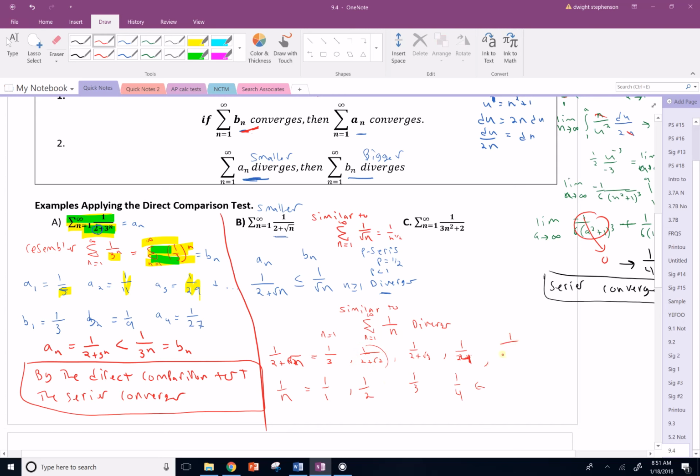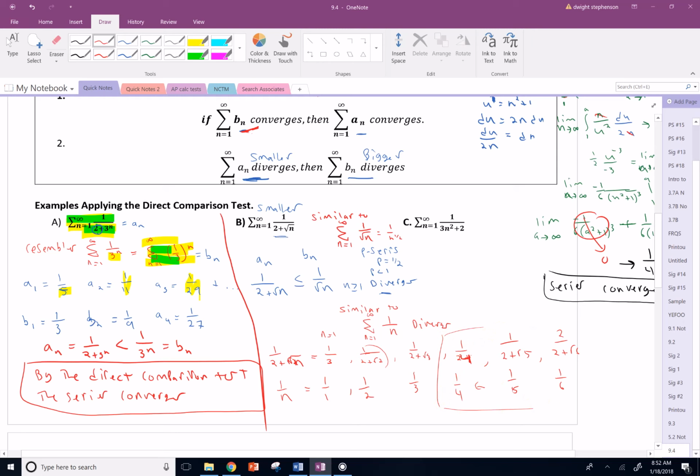So this next one's going to be 2 plus square root of 5, and this one's going to be 1/5. This one's going to be 2 plus square root of 6, and this one's going to be 1/6. And then look after 4, right? They were equal at 4. After 4, what's happening?